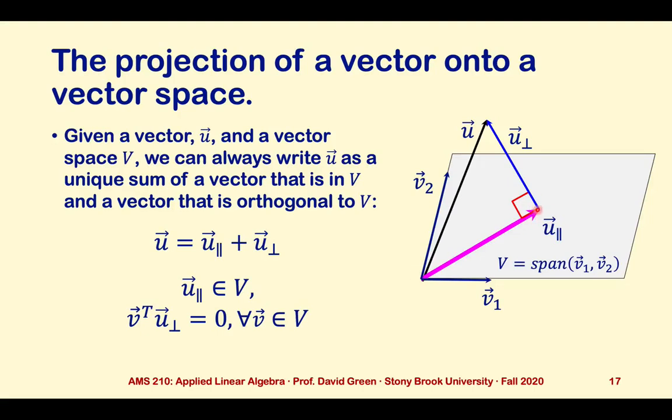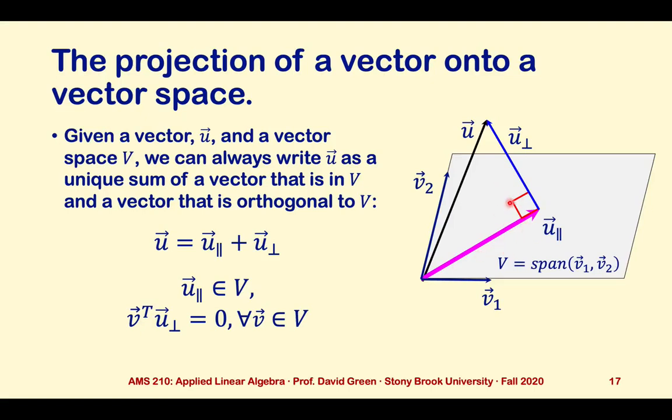This is unique for the same reasons why the decomposition for a vector onto another vector is unique: if we move this component in the plane to somewhere else, we would no longer have a right angle when we move up to complete U. So we have a parallel component and an orthogonal component, just as we had for the projection of a vector onto a vector, but the component is parallel to a vector space rather than just a line.